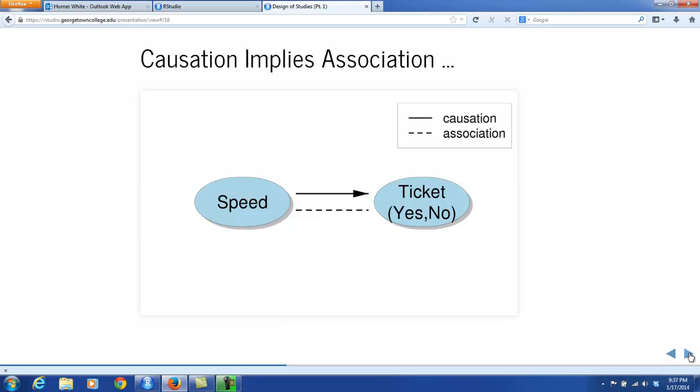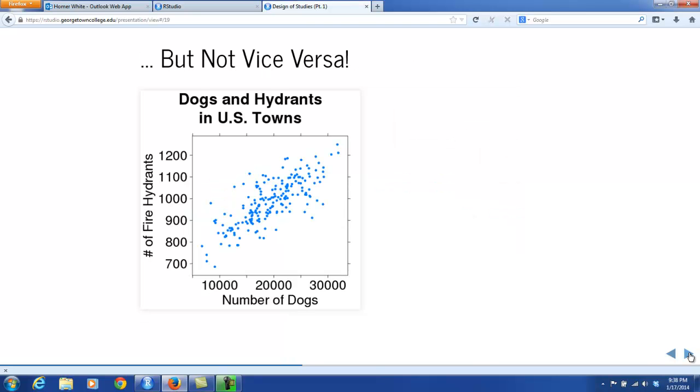So speeding causes tickets, and as a result of that, we see an association. The distribution of chances for getting a ticket is different when your speed is high than it is when your speed is low. That gives you the association. Associations are going to be represented graphically by dotted lines between the ellipses for each of the two variables in question. It doesn't go the other way around, though.